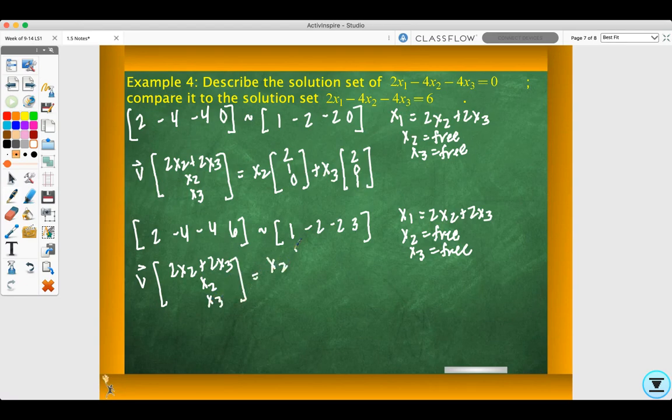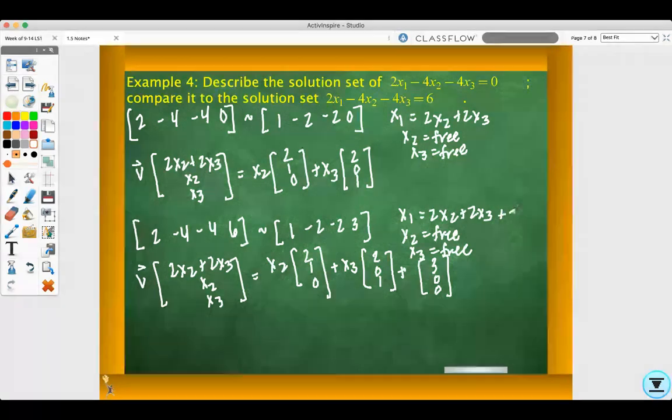This would be x2 times 2, 1, 0, plus x3 times 2, 0, 1 plus 3, 0, 0. A lot of times you'll see that up first, front and center. And I forgot my 3 there.